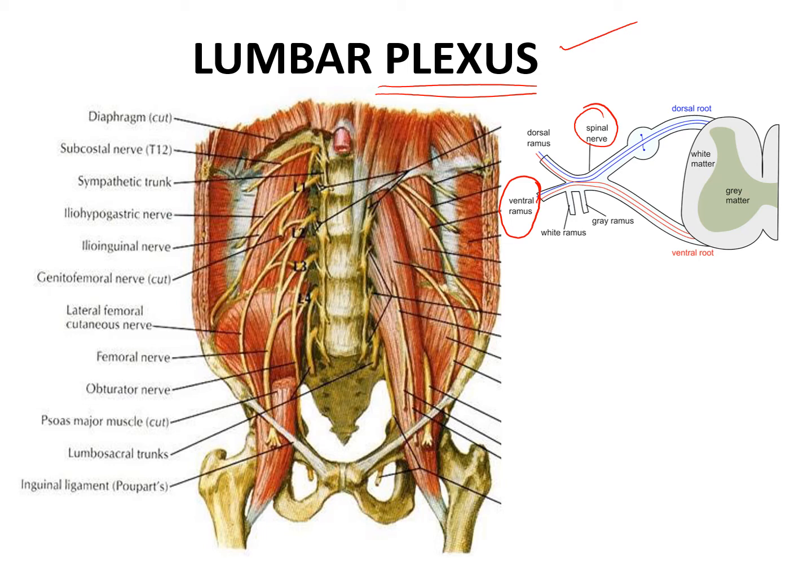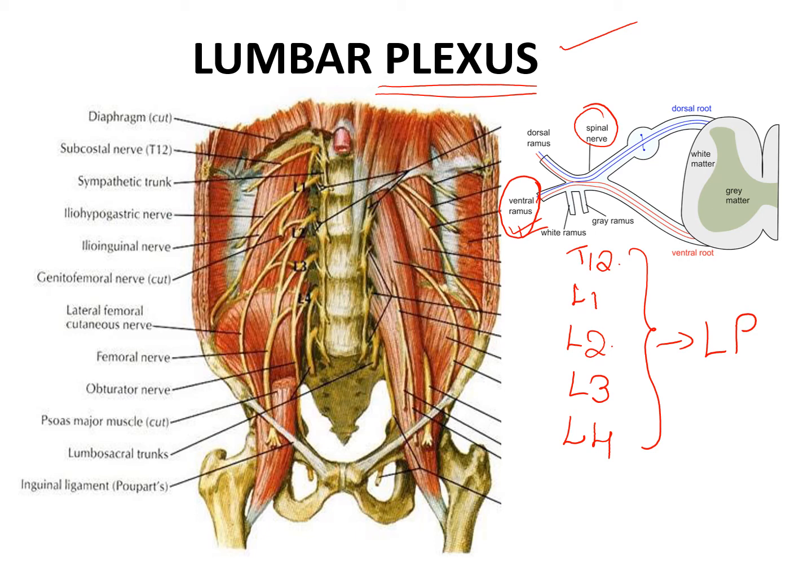In this case, the lumbar plexus is formed by the ventral ramus of lumbar 1 spinal nerve, ventral ramus of lumbar 2 spinal nerve, ventral ramus of lumbar 3 spinal nerve, ventral ramus of lumbar 4 spinal nerve, with a contribution of a twig from T12. So these spinal nerves will help in the formation of the lumbar plexus.